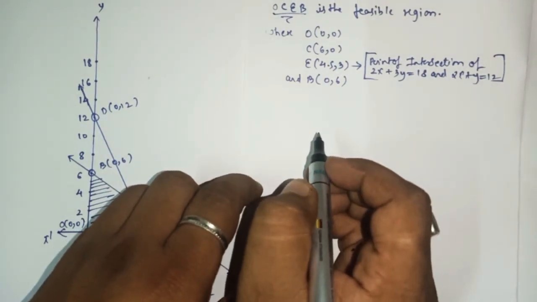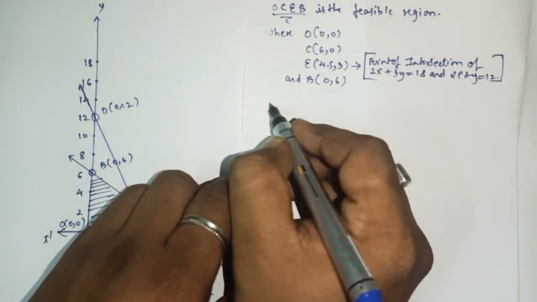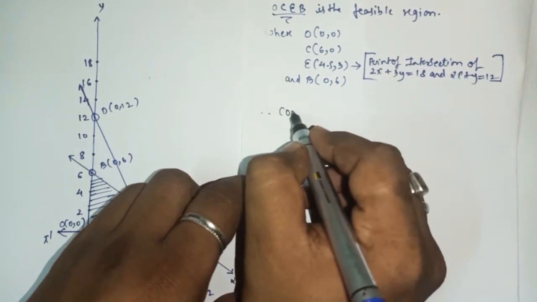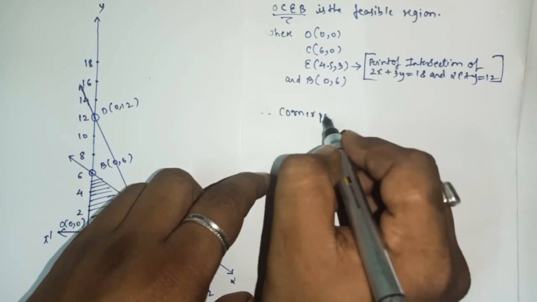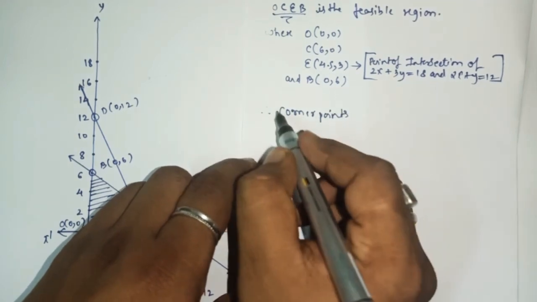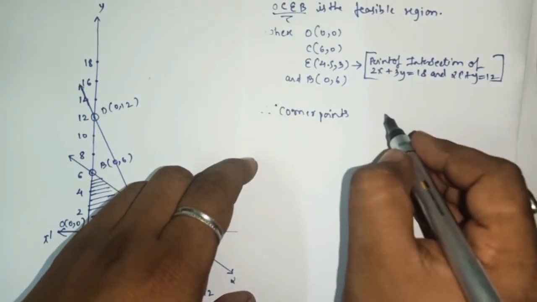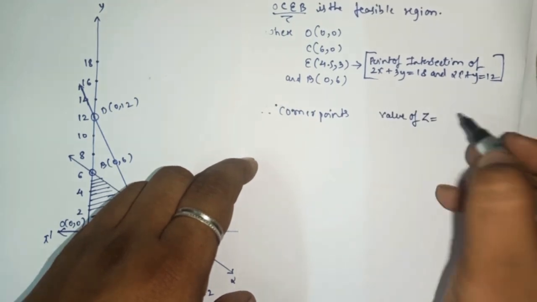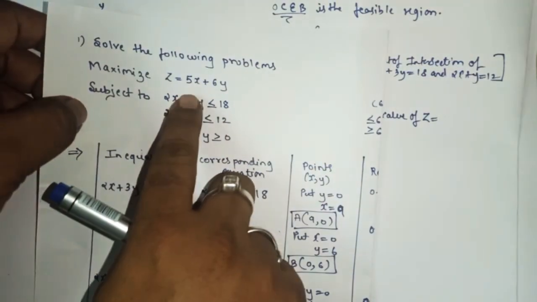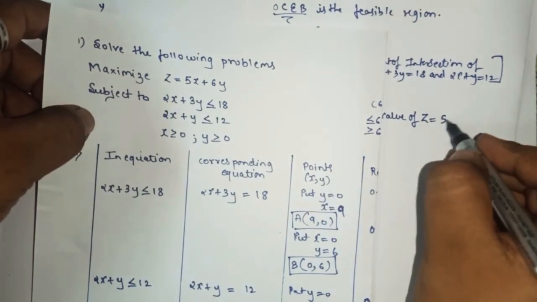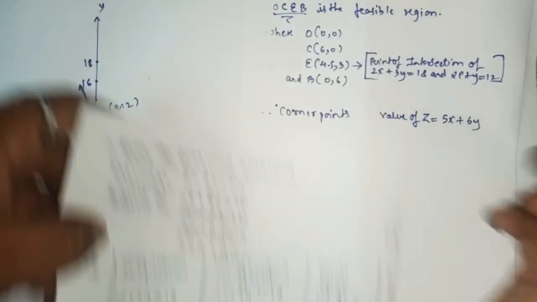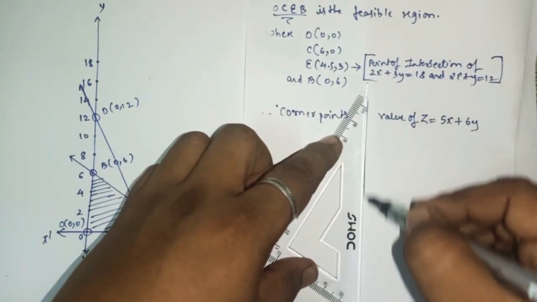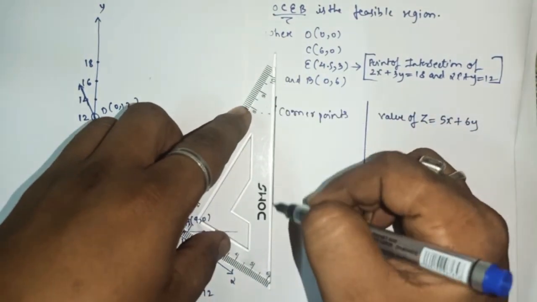After this, what exactly will you do? The next part: you will draw one more table showing the corner point and the value of z. The value of z is given as 5x plus 6y. The corner points are the vertices.